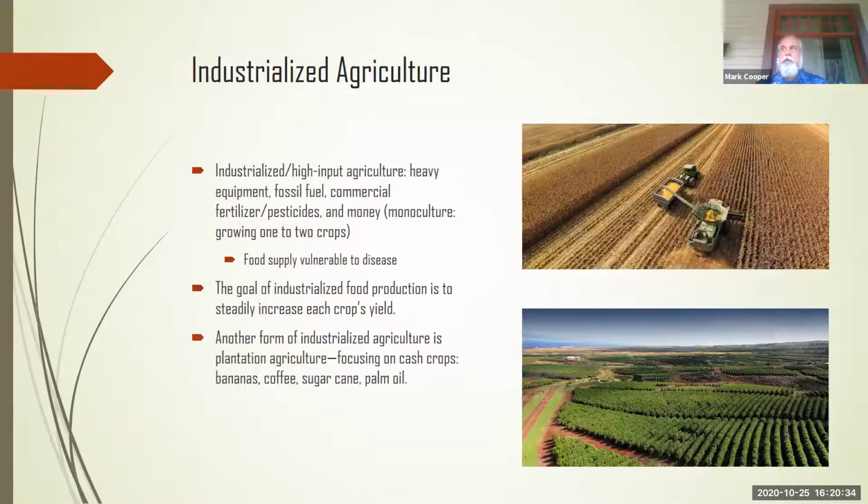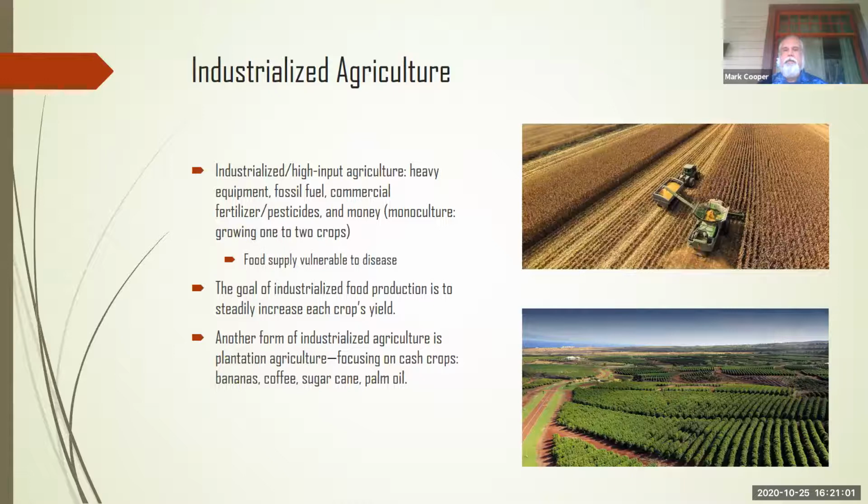All right, industrialized agriculture. Looking at what we have done, we have high-input agriculture: heavy equipment, fossil fuel based, with chemical fertilizers and pesticides. We're talking one or two crops. It's easy to harvest because the equipment is set up the way they're grown, but it's very vulnerable to disease.